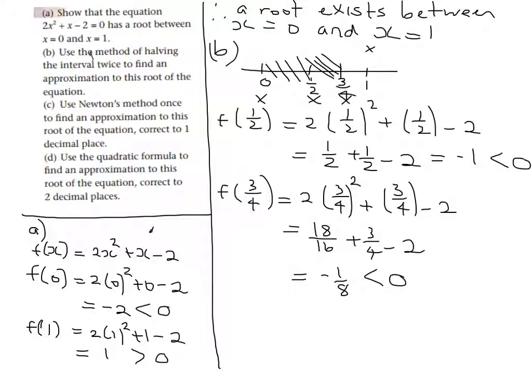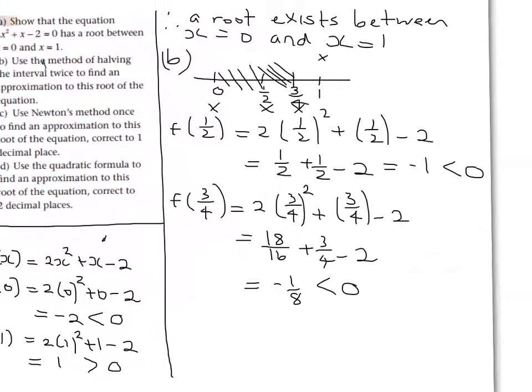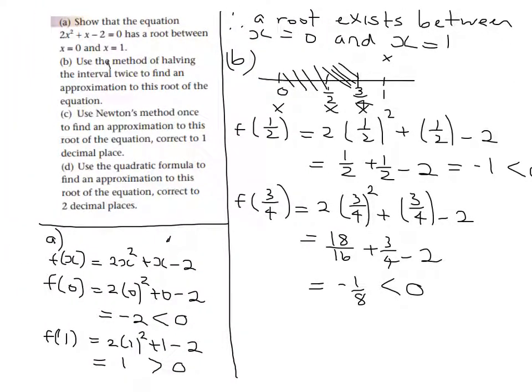Now again the question is, which value do we take for A in Newton's method? If you have a look at it, we're between 1 and 3/4. That's where the root is. And we need to know which value do I take. Do I take 3/4 or do I take 1?